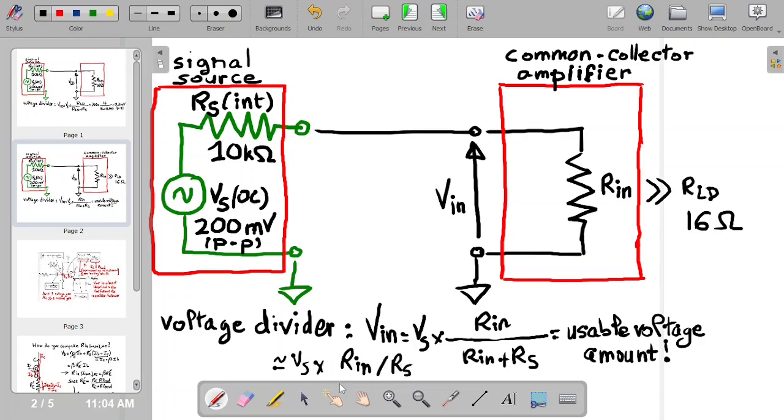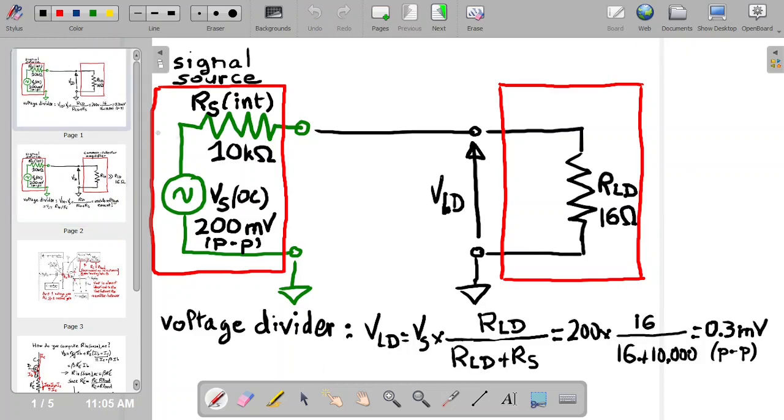Here, because Rin is much larger than R load, let's say at least 100 times, your Vin is going to be 100 times or 1,000 times larger than what it was when you were connecting that source with high input resistance directly into the load, which was a low resistance or low impedance load.